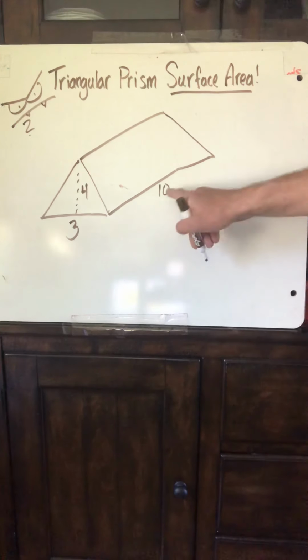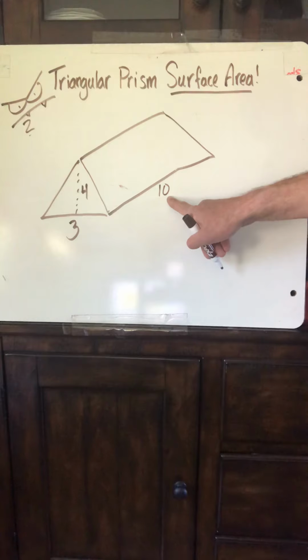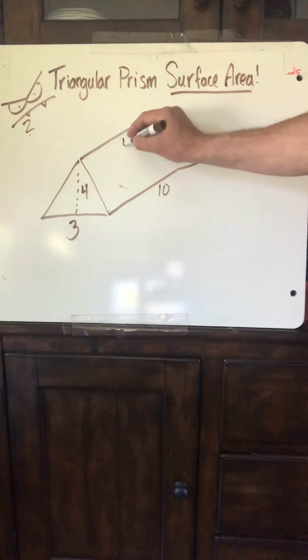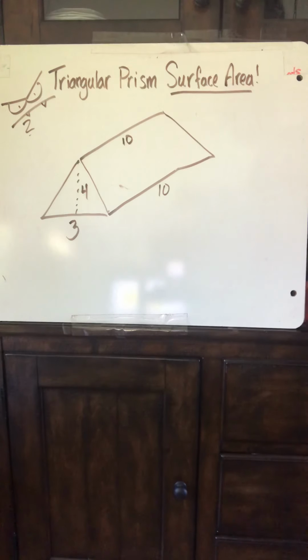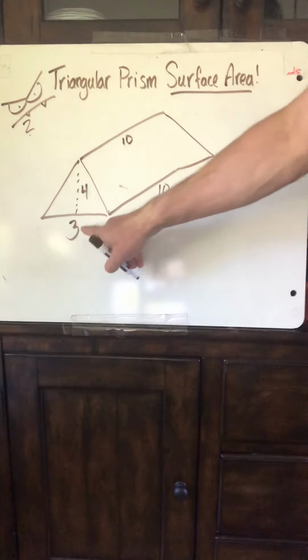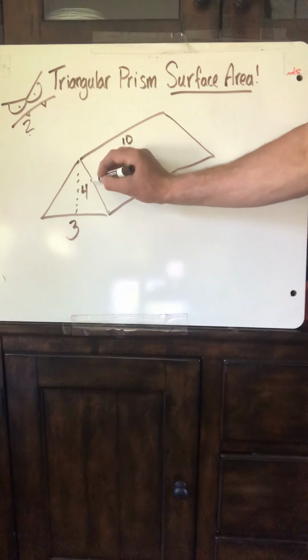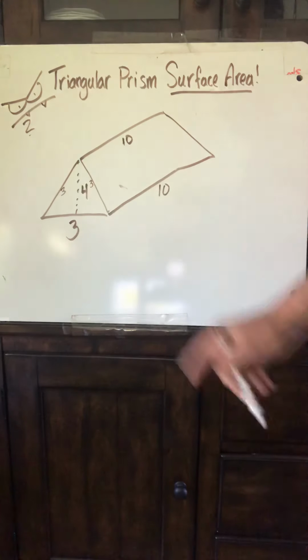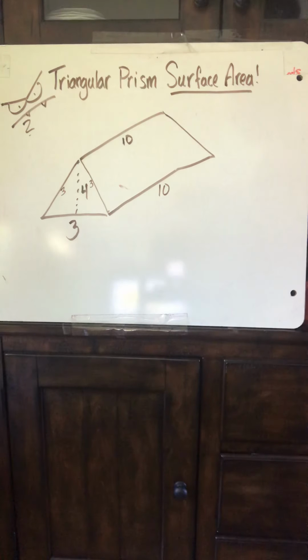Well, if this is 10, then this is 10. Okay, so in this case, if this is 3, then this has to be 3. And this has to be 3. This is an equilateral triangle.